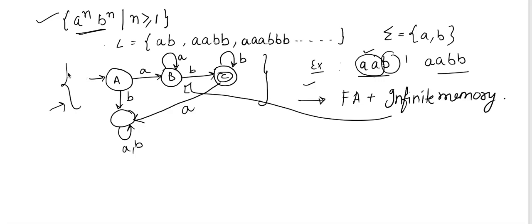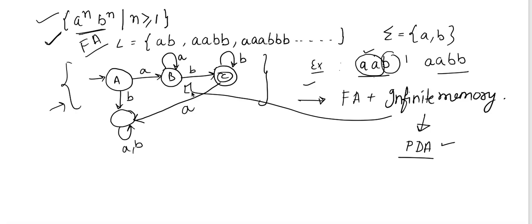Therefore we can say that this language is not accepted by finite automata. So we want finite automata plus infinite memory, and this comes under PDA, that is called the pushdown automata. Okay, we'll see it later.